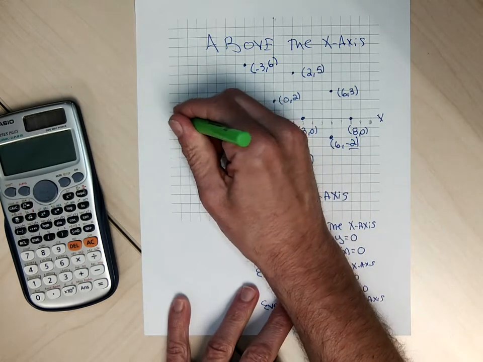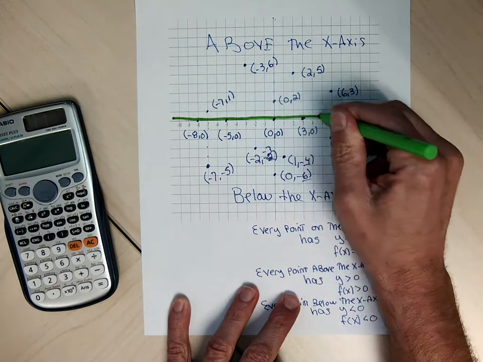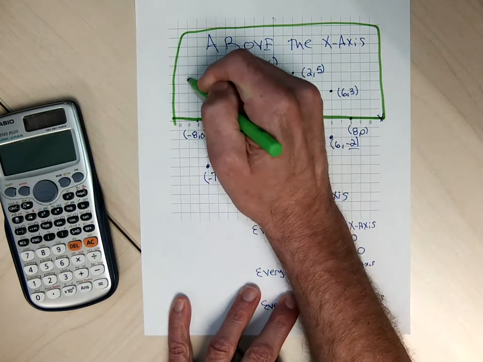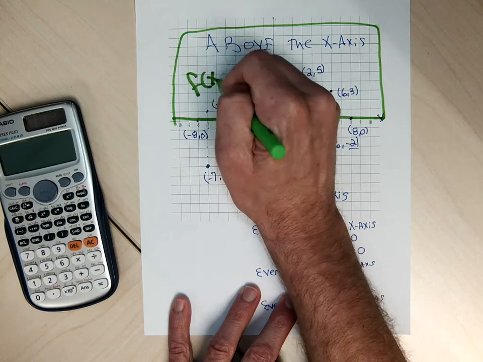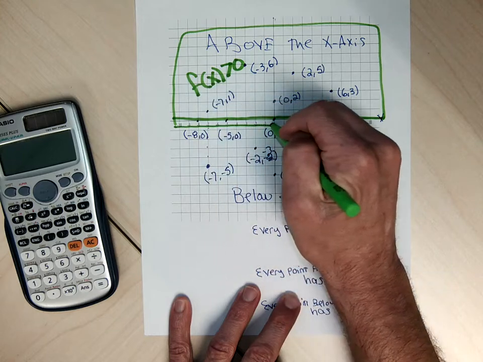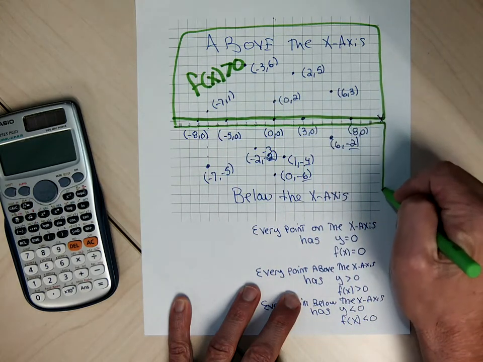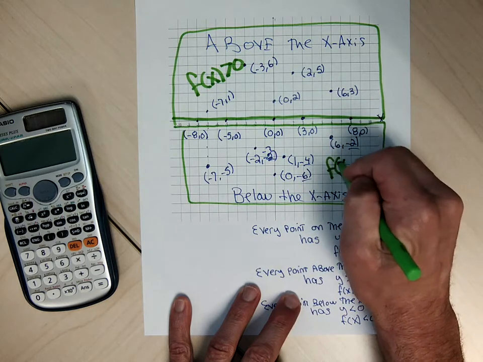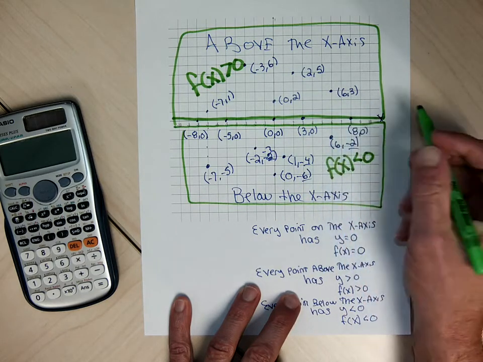If points are above the x-axis, not on the x-axis, but above the x-axis, the y's are greater than 0. If points are beneath the x-axis, doesn't matter what the x's are, their y's are less than 0.